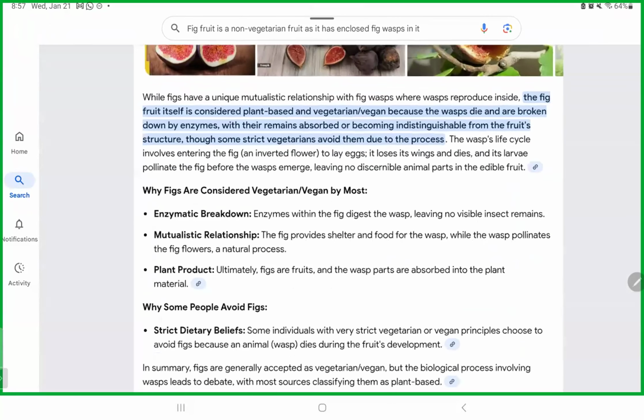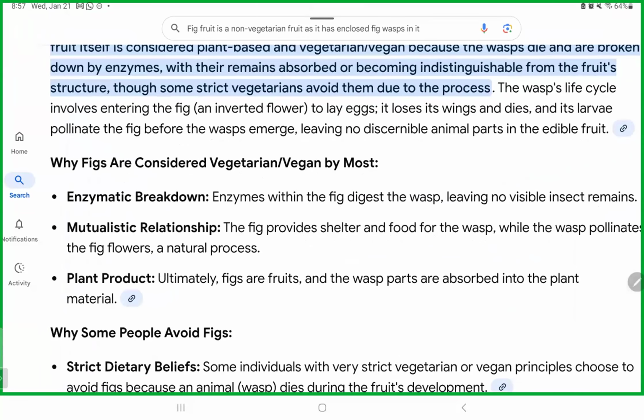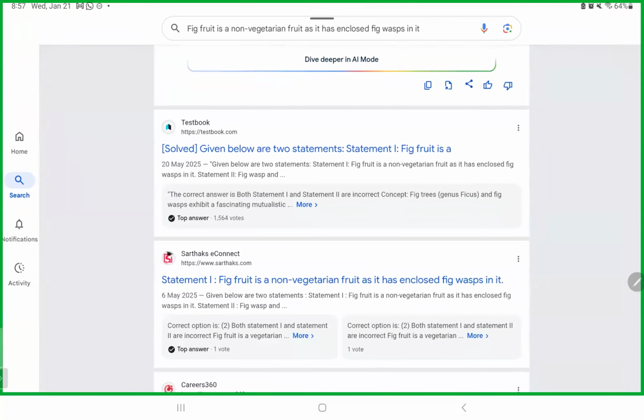Why is fig considered vegetarian or vegan by most? Enzyme breakdown, mutual relationship, and plant product ultimately. That is the thing. Fig is a fruit. Even I used to think otherwise, but then I saw in a reel that the female wasp's body remains in the fig itself after reproduction, so some people consider it non-veg.